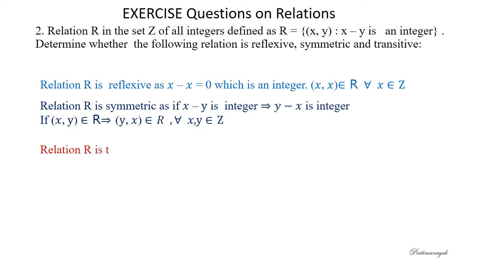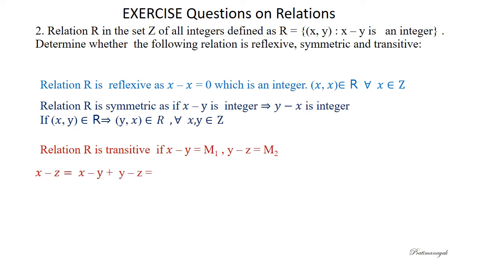Now, relation R is also transitive. If x - y is an integer m1 and y - z is also an integer m2, then for x - z, we have to prove that it is an integer.